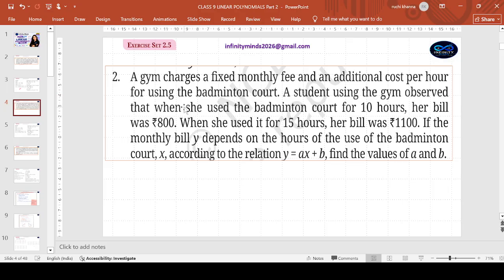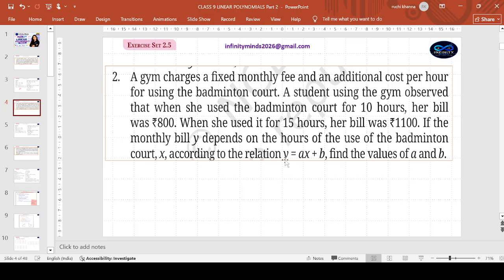A student using the gym observed that when she used the badminton court for 10 hours, her bill was rupees 800. When she used it for more hours, 15 hours, her bill was 1100. Naturally, the bill has gone up. If the monthly bill Y depends on the hours of use of the badminton court X, according to the relation Y equals AX plus B, find the values of A and B. Very similar.